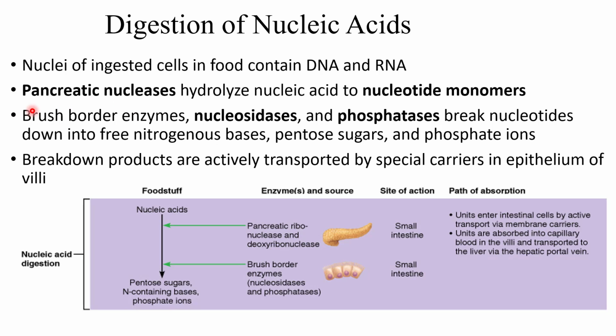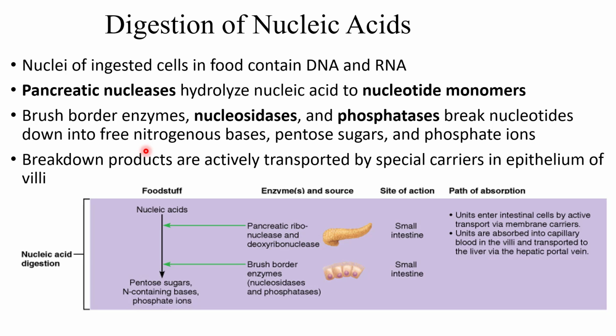We have pancreatic nucleases as part of the pancreatic juice that would hydrolyze nucleic acid into nucleotide monomers. Then, as soon as they're broken down, brush border enzymes will take over. These brush border enzymes are the nucleosidases and phosphatases. They break nucleotides into free nitrogenous bases, pentose sugar, and phosphate ions.